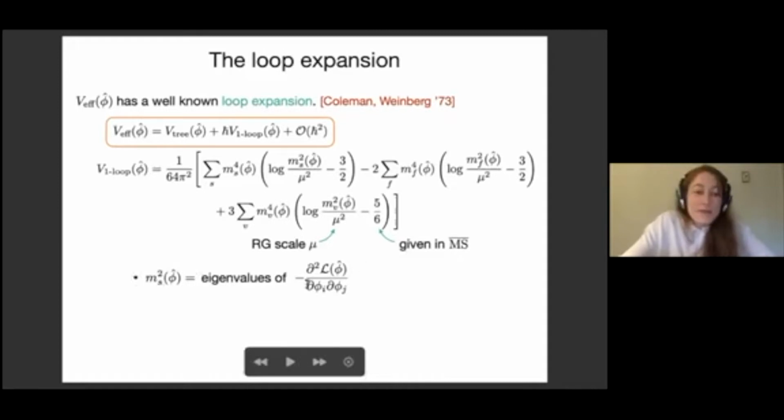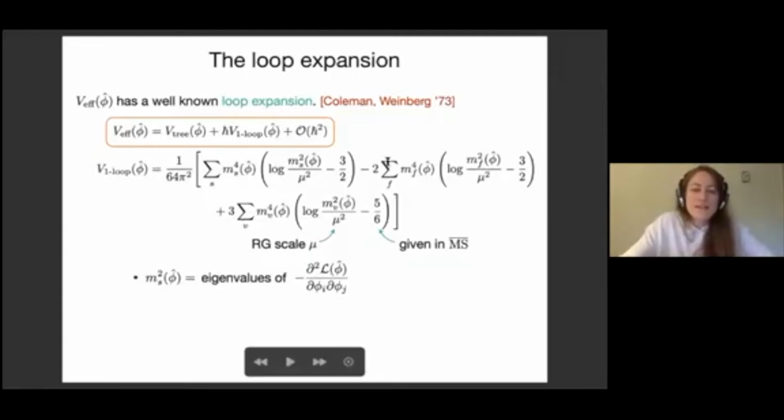For example, this m_s squared that appears in the scalar terms, these are the eigenvalues of the second derivative matrix of the Lagrangian in the scalar sector. And all of these masses in particular depend on the values of the background field.